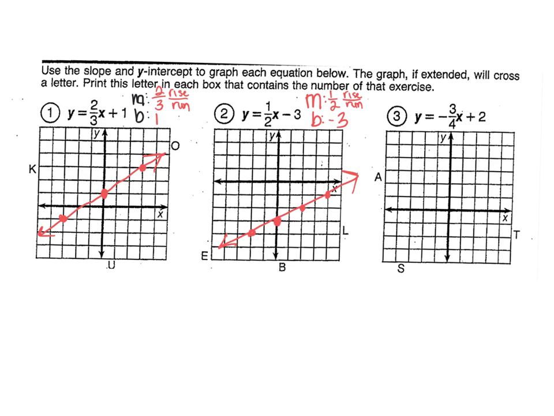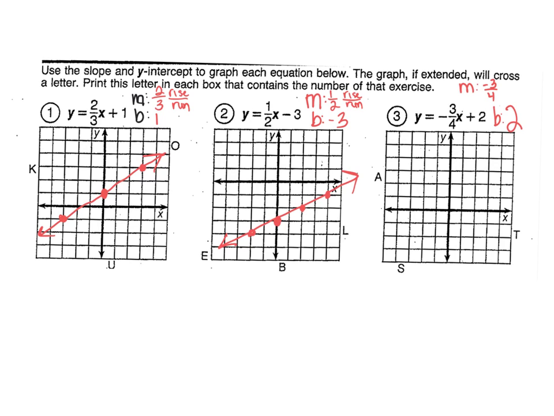Number 3, watch out for this negative. Remember how I told you negative goes with the numerator? My M is going to be -3 over +4. I'm going to rise -3 and run 4. My begin is going to be 2.